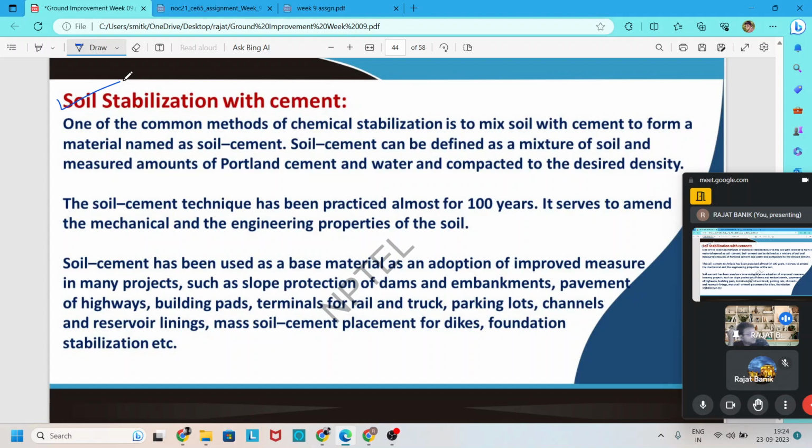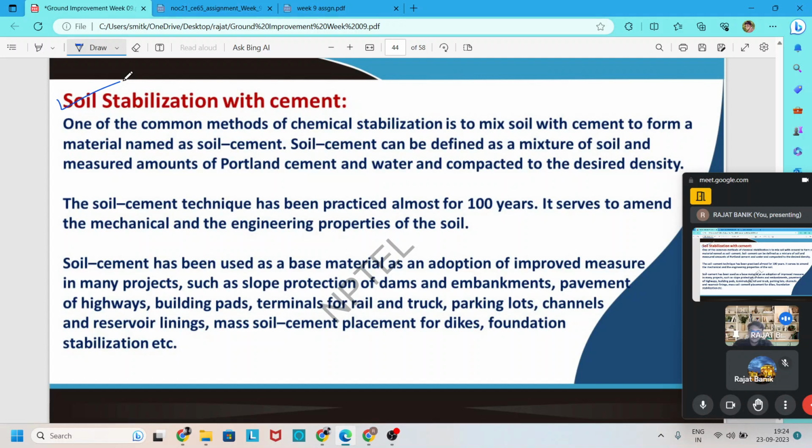This soil cement method is very common and most popular. We directly apply the cement, which is nothing but Portland cement, to the soil and mix water. And after that, in a similar way to lime stabilization, we compact the soil and achieve our desired density.